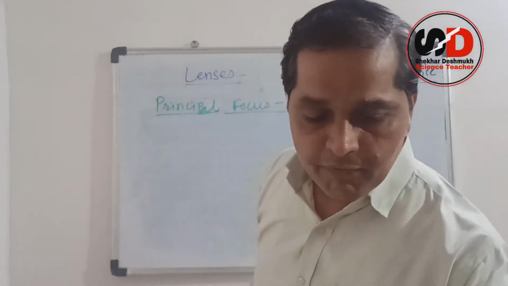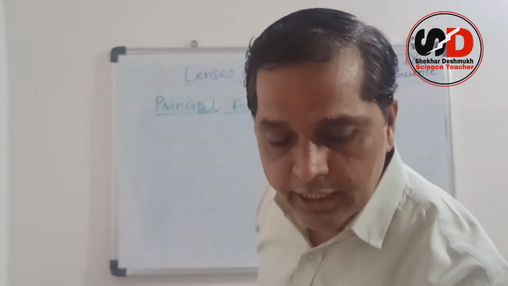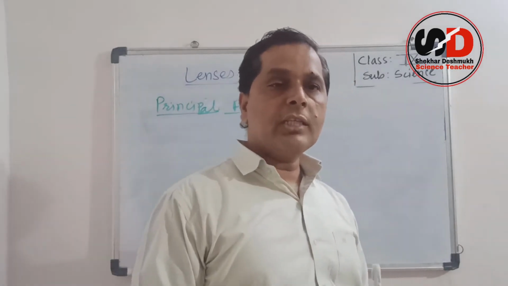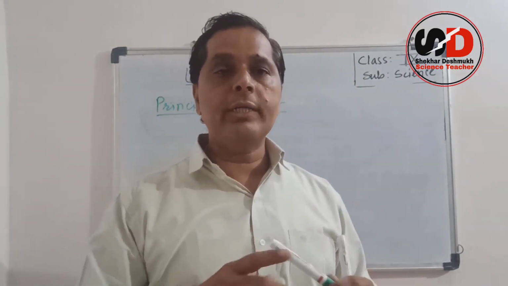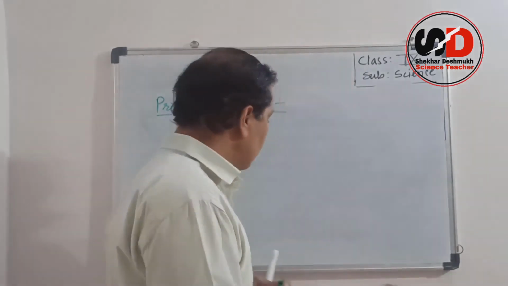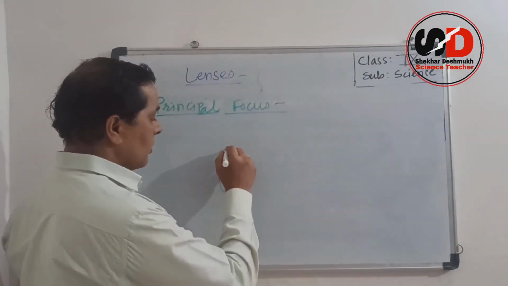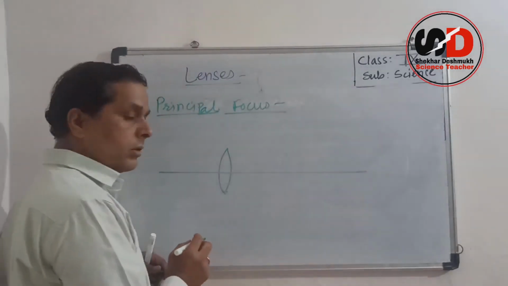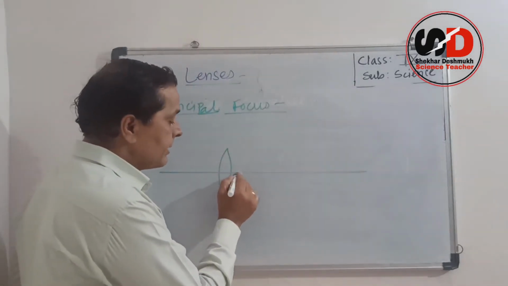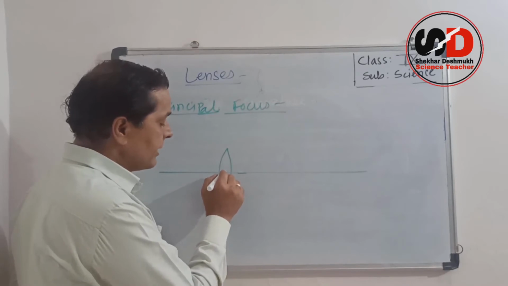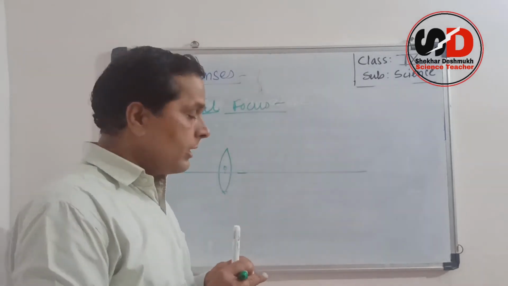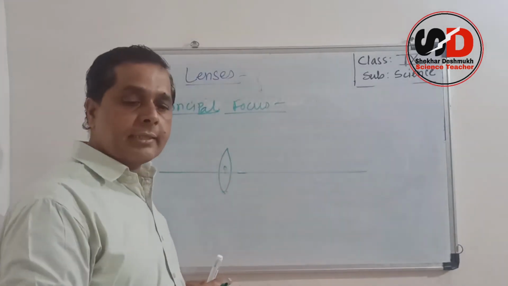The principal focus is different for the two different types of lenses. So let us see what is principal focus and how it is calculated. This line must be the principal axis which is passing through optical center O. Okay, so this is a convex lens.